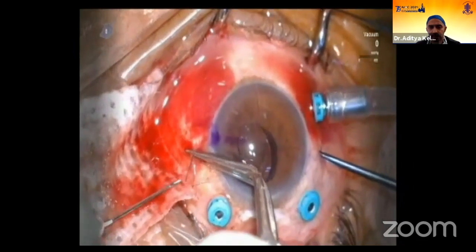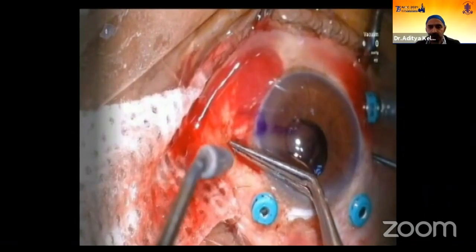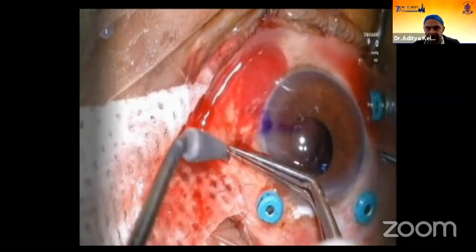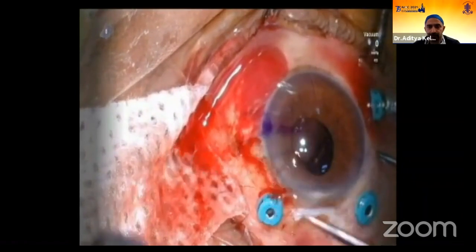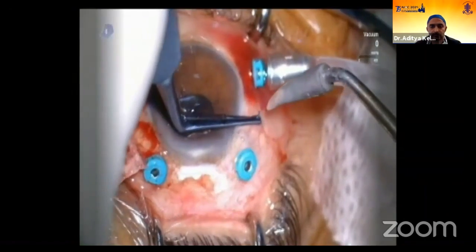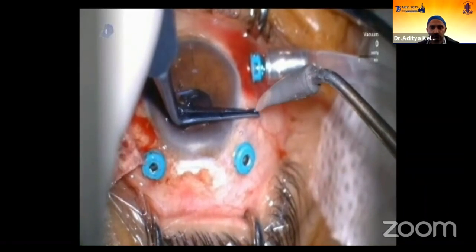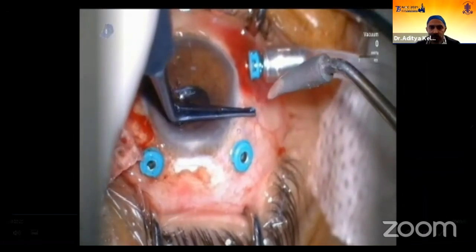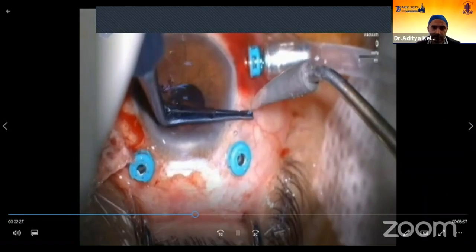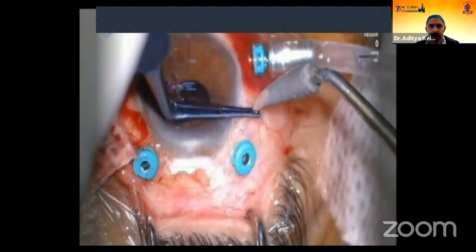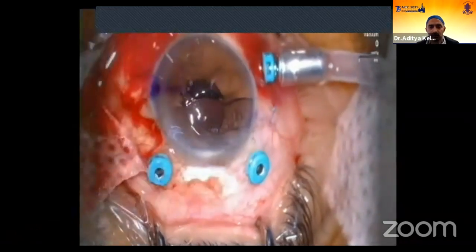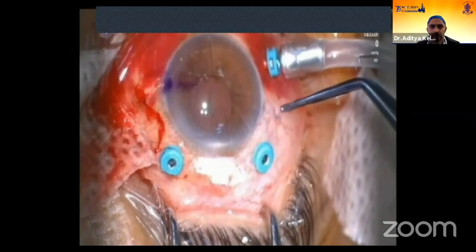As soon as the haptic is out, we flange this, and then that's the end of the surgery. The same thing is repeated on the other end. So this is a way to manage an intraoperatively slipped haptic. The lens is now well centered.